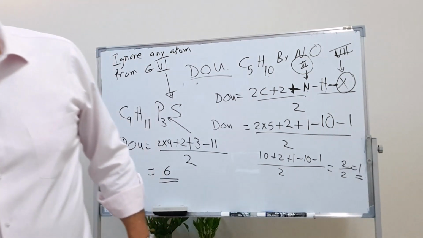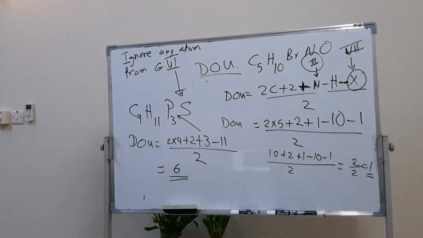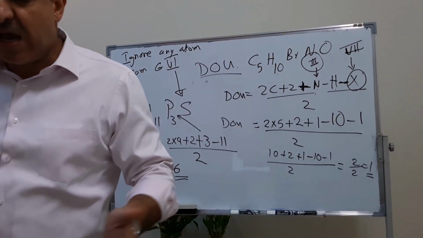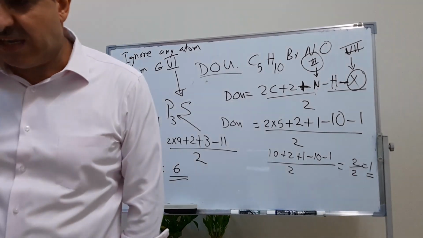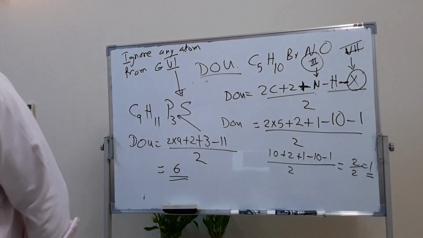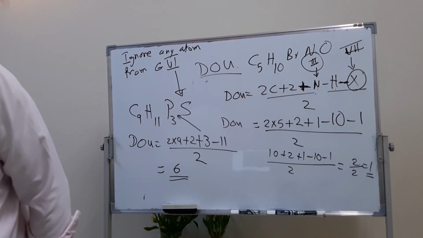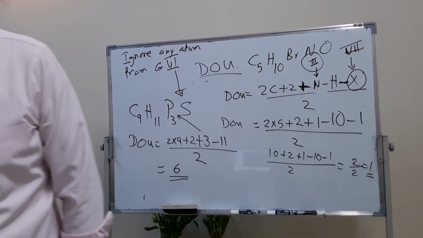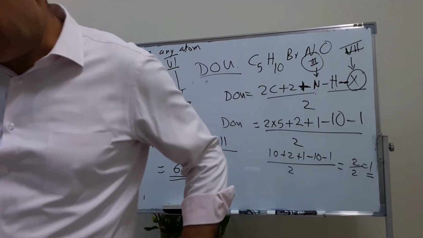Now, if there is no question about degree of unsaturation, let's move to slide number 11, which is the naming of alkenes, or IUPAC nomenclature of alkenes. Is there any question about degree of unsaturation, how to calculate it, or what we could conclude from it, before we move to slide 11?